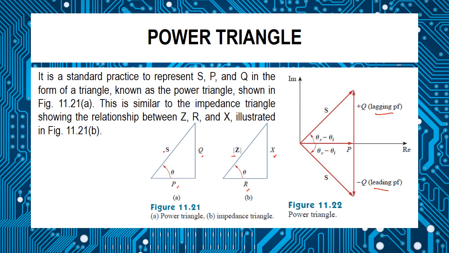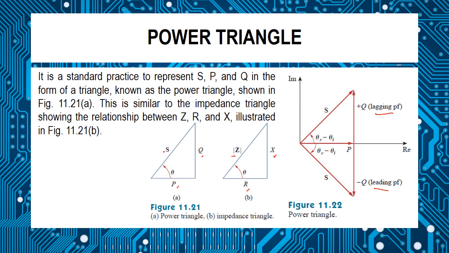This is actually similar to the impedance triangle, showing the relationship between Z, R, and X. So we have here the power triangle: the apparent power, the complex power, and the real power, and we have here the impedance, resistance, and reactance.